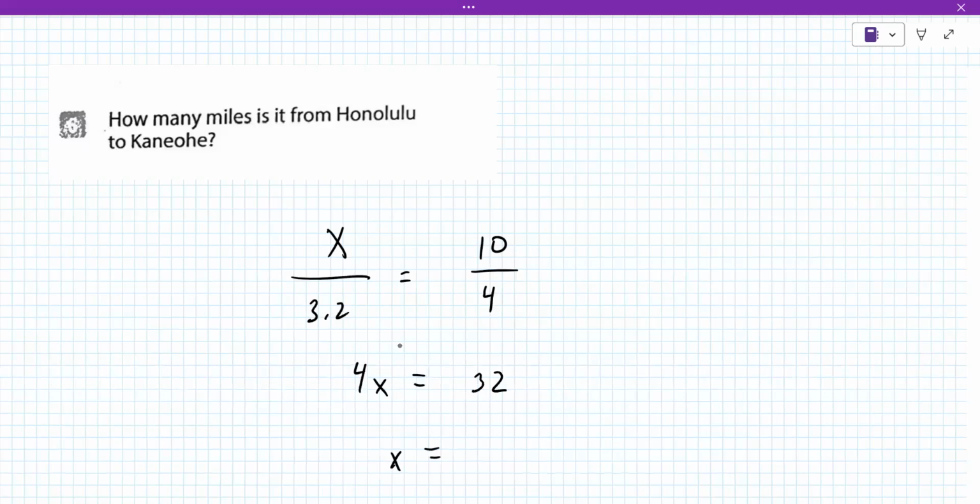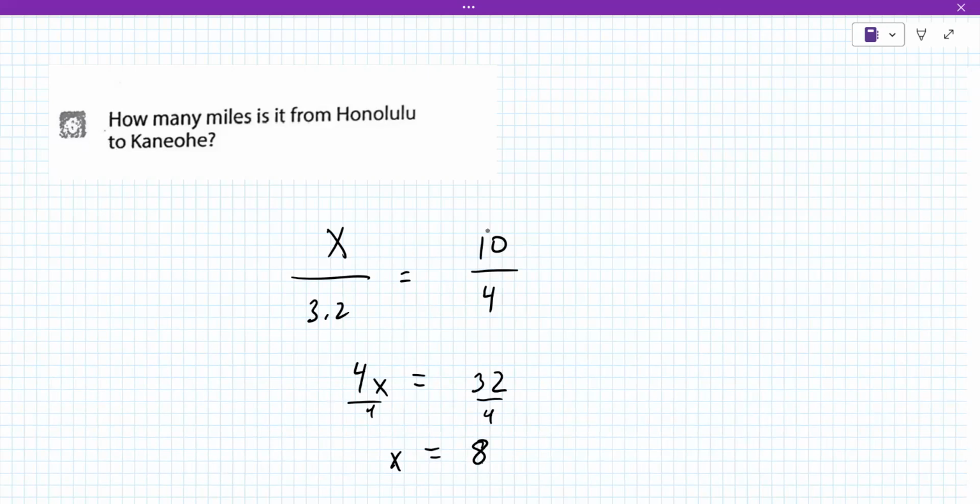And then divide that by 4. 32 divided by 4 is 8.